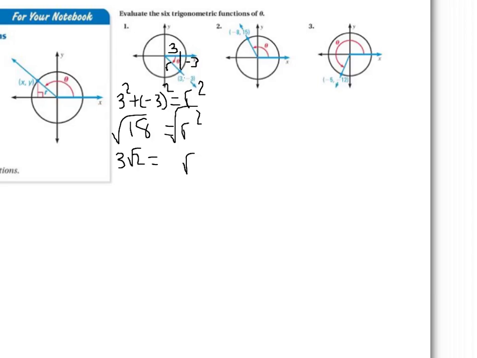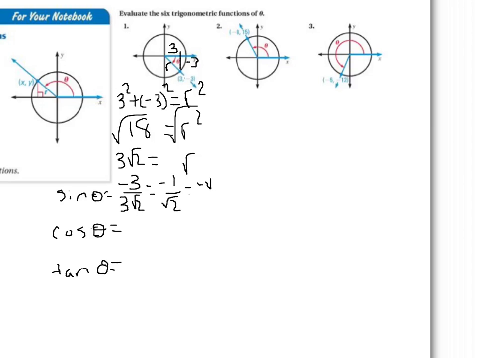So now I need to find sine, cosine, tangent. We'll start with those three. So sine is the y value divided by the radius. That equals negative 1 over the square root of 2, which is negative square root 2 over 2.